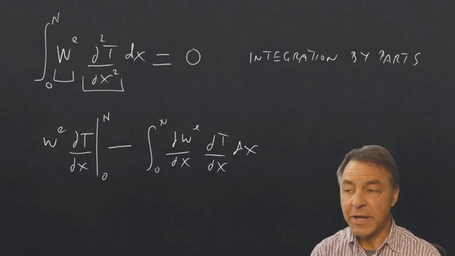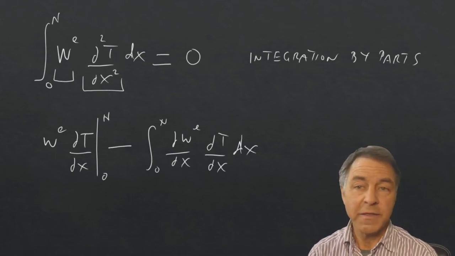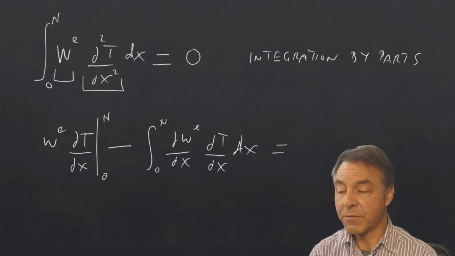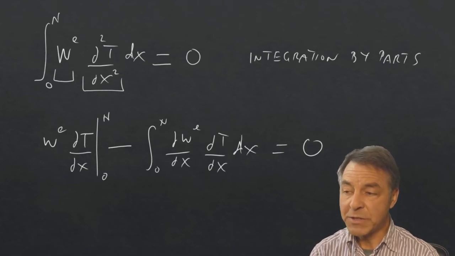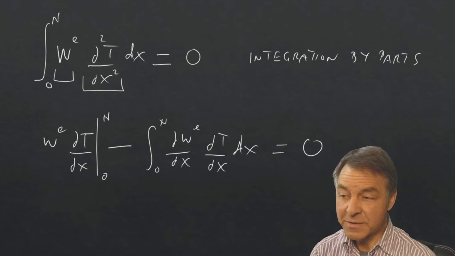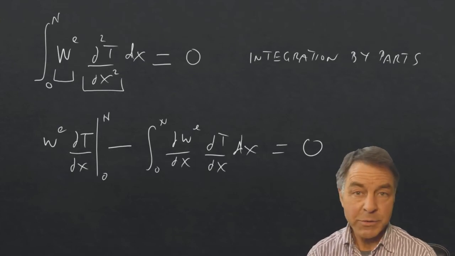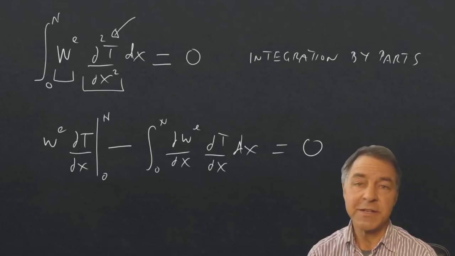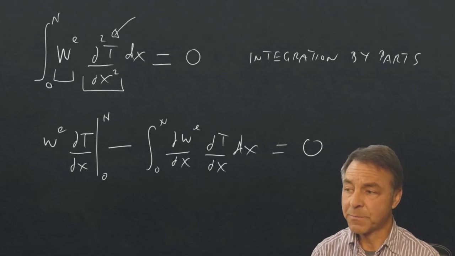And that means now you've got an expression that is in the first derivative of w, and if that's piecewise, that's going to be a set of constants. The first derivative of temperature, if temperature is piecewise, that's a set of constants.